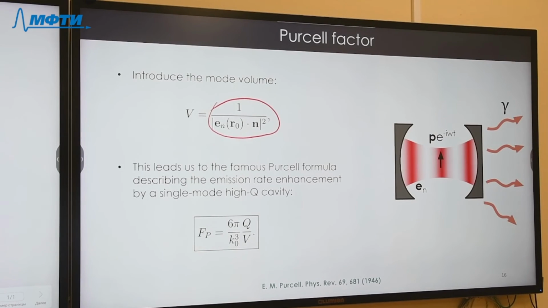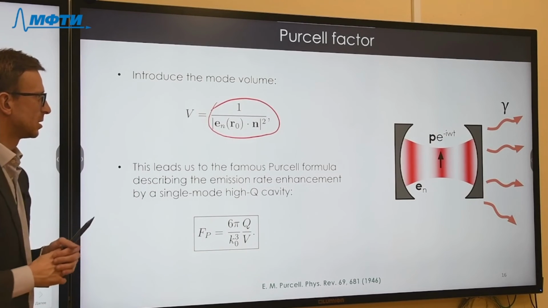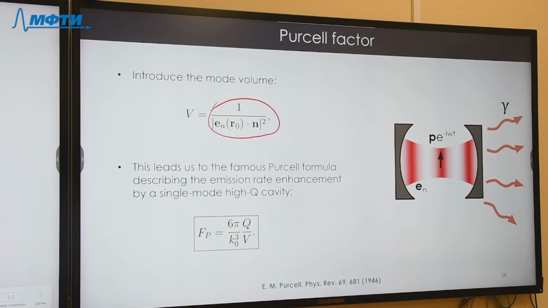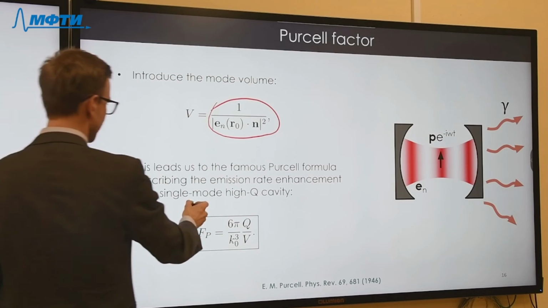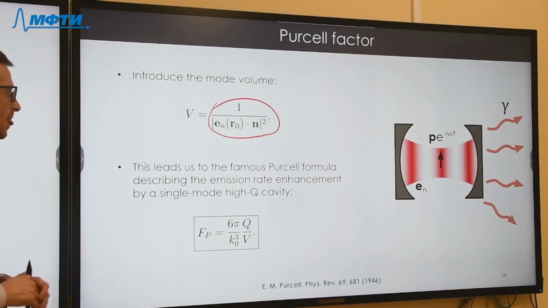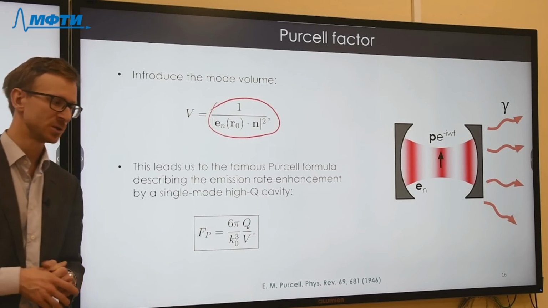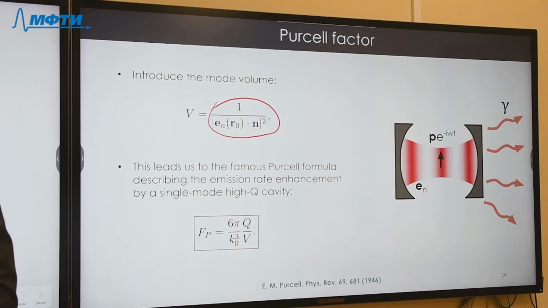And finally, if you use this notation, V, for this combination of eigenmodes and dipole polarization, we obtain the following very elegant formula, which was first derived by Purcell in his paper more than half a century ago, and it is one of the most widely used formulae in nanophotonics that describes emission rate enhancement, inhibition, and general modification by a lot of resonant structures.